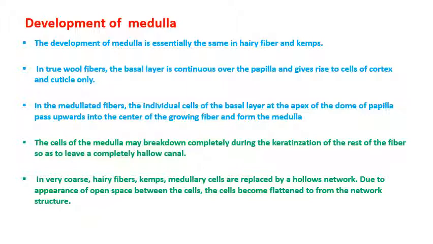The cells of the medulla may break down completely during the keratinization of the rest of the fiber so as to leave a completely hollow canal. In very coarse hairy fibers, kemps, medullary cells are replaced by a hollow network, due to the appearance of open space between the cells, which become flattened to form the network structure.